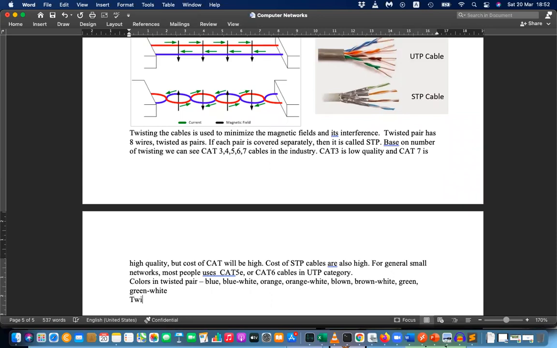And a very important point: twisted pair cables use the RJ45 connector, and coaxial cables are using BNC connectors.